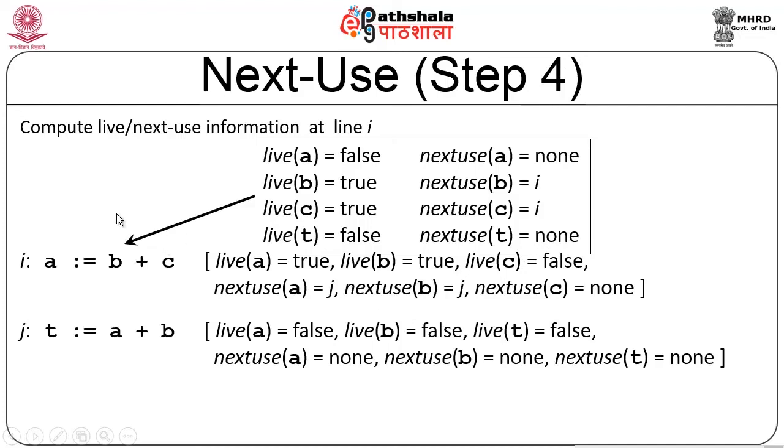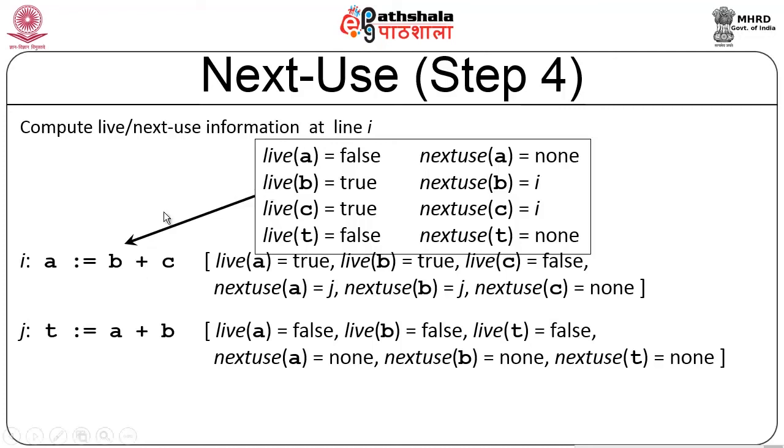Now, what I have to do is, I am doing a forward scan. When I am encountering this particular line, what I will know is, out of B plus C, they are used at line number I. After finishing I will be looking at this statement, okay. So, B will have a next use at line number J, A will have a next use at line number J. So, if A is in a register, I will not remove it from it. If B is in a register, I will not remove it from that, okay.